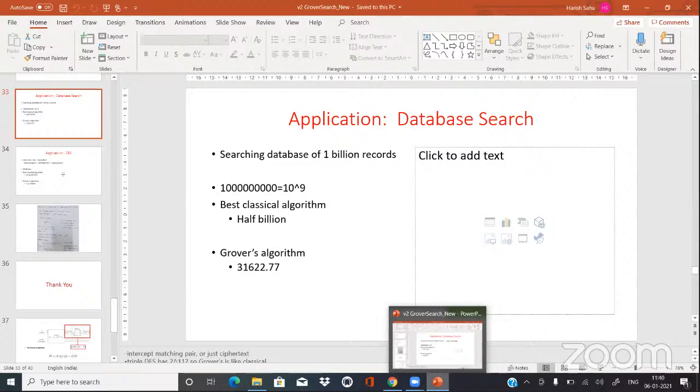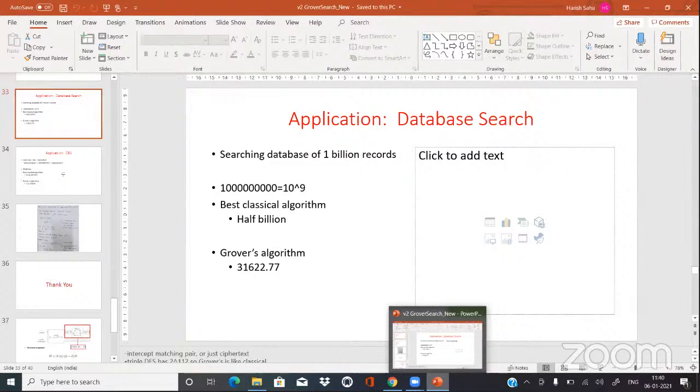If we increase capital N to 32, then you need to run only 5 times and you will get the correct answer. But classically, this search needs 32 times.